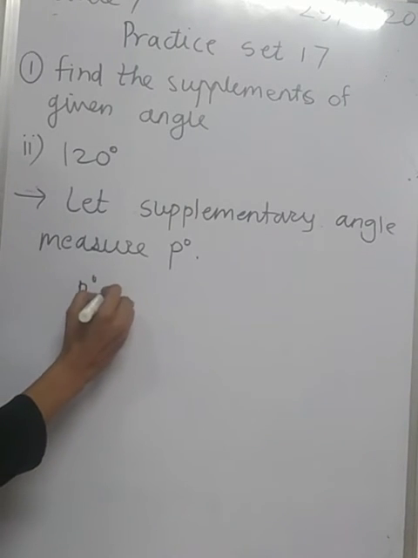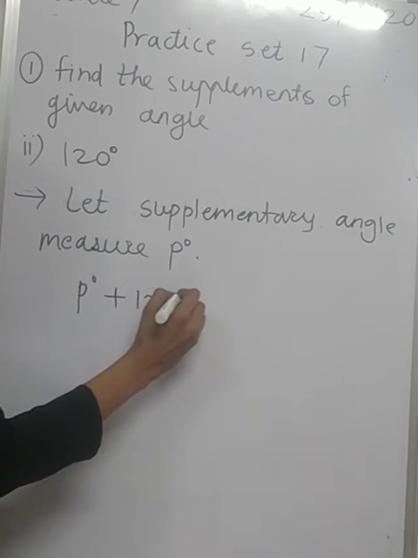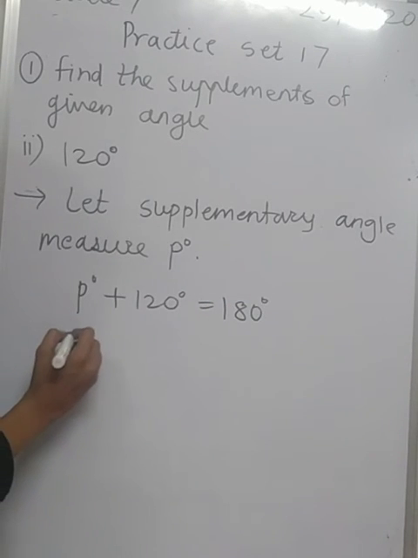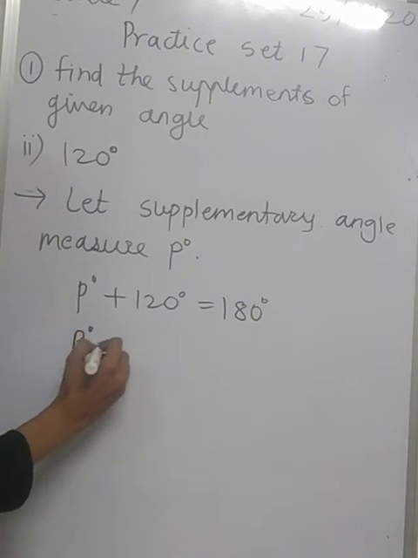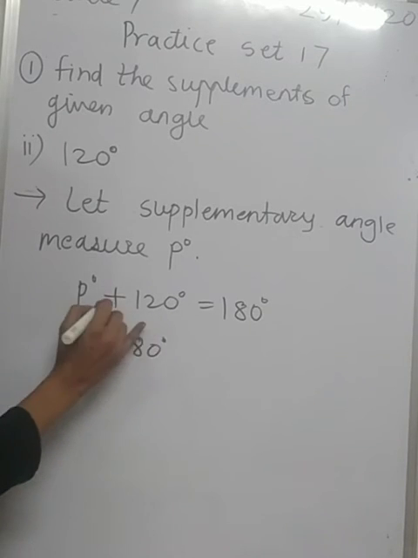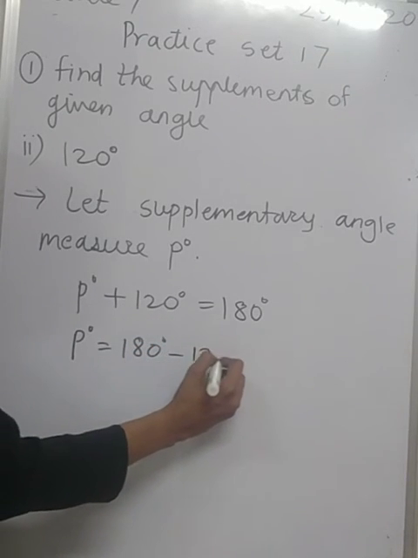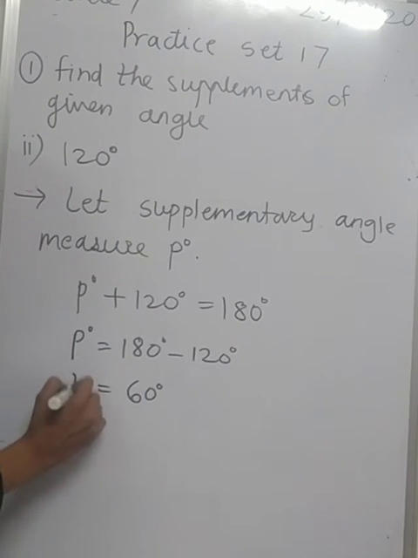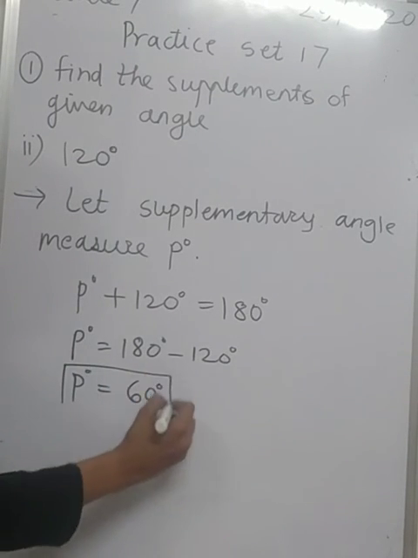So P degrees plus 120 degrees should be equal to 180 degrees because they are supplementary. So this P degrees will be equal to 180 degrees minus 120, and the answer will be 60 degrees.